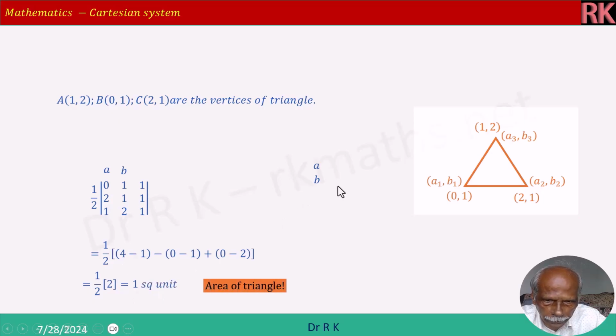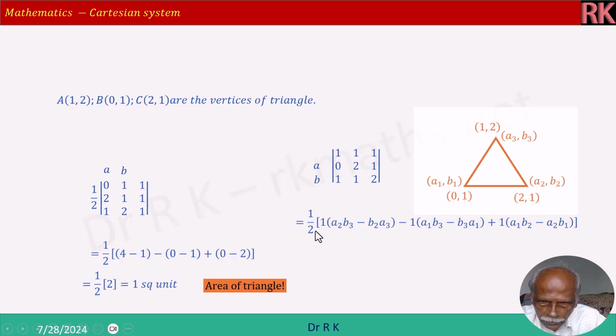This is another way. 1, 1, 1 in the first row, x coordinates 1, 0, 2 and y coordinates 2, 1, 1. Substitute; you can use this relation. 1 into 2 into 2, 4 minus 1 into 1, likewise. I have given the answers here. A1 into B3 is 0 into 2 minus 1 into 1, 0 minus 1.